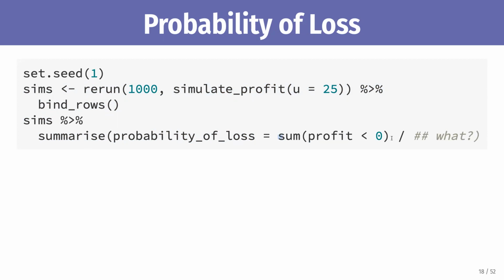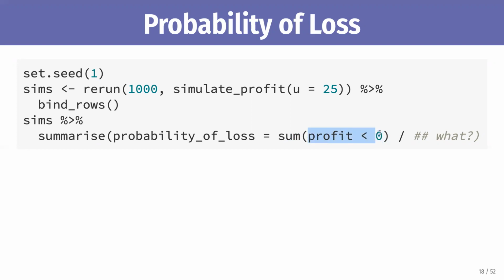So the way that we would do the numerator here was the sum where the return, which in this case is profit, is less than the break-even point, which in this case is 0. In R, something like this is a logical statement. It's going to check every row of the column profit, whether it's less than 0.